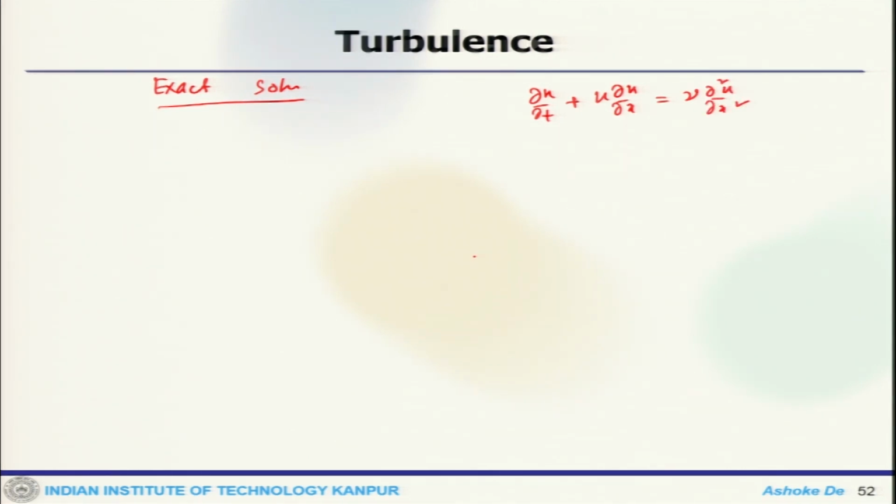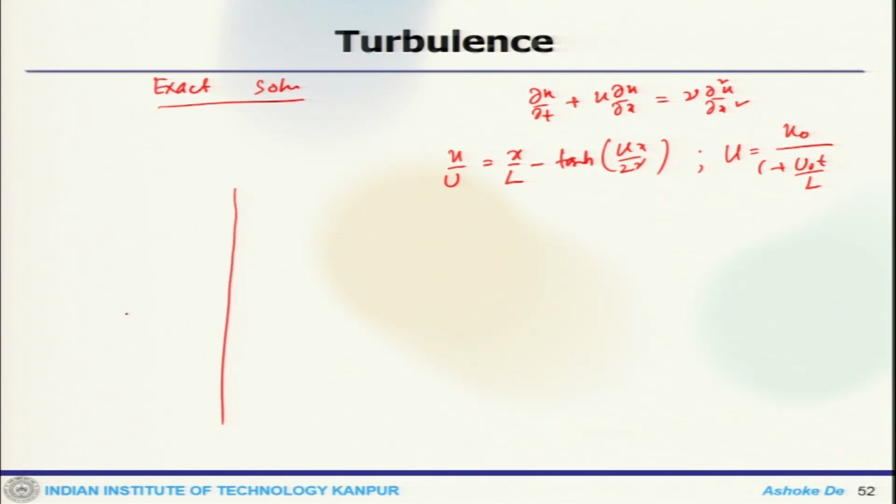So, the solution which satisfies the Burger equation would be in the form of u by U equals to x by L minus tan hyperbolic U x by 2 nu, where my U is u naught by 1 plus t by L. So, then I can plot it, where this would be 0.5, this is 1, minus 0.5, minus 1, and this side 0.5, this could be 1, minus 0.5, minus 1.